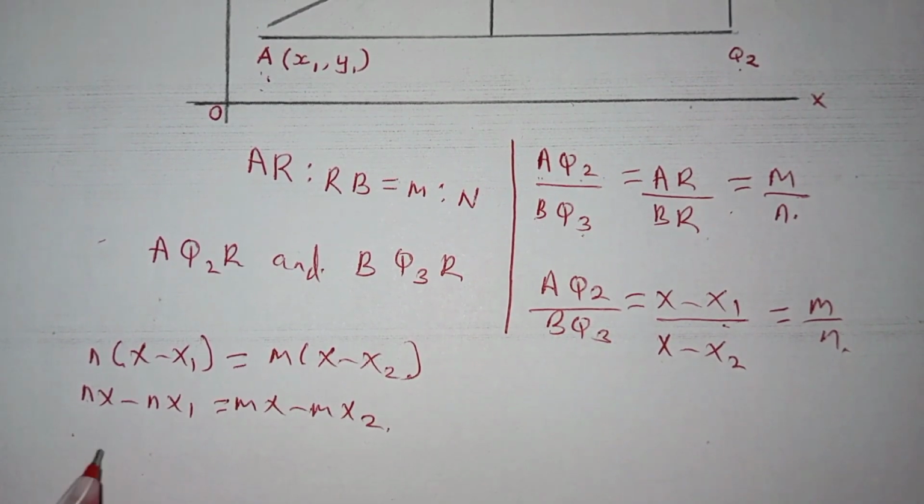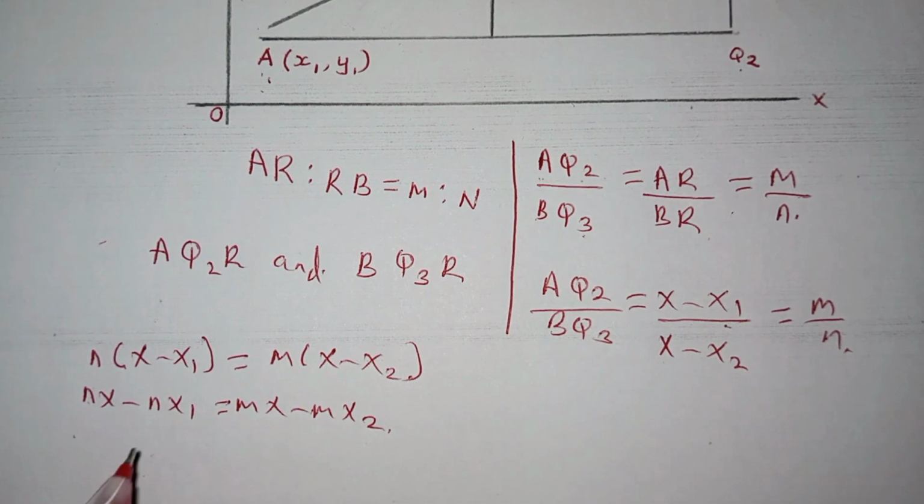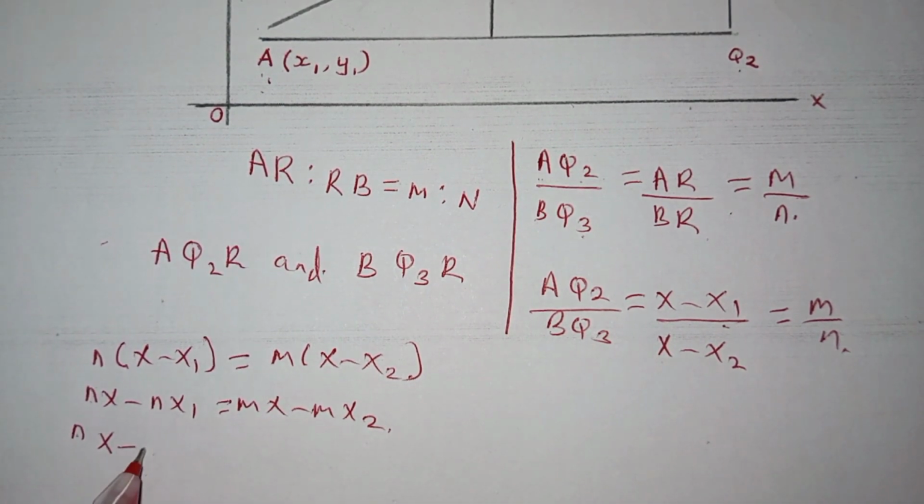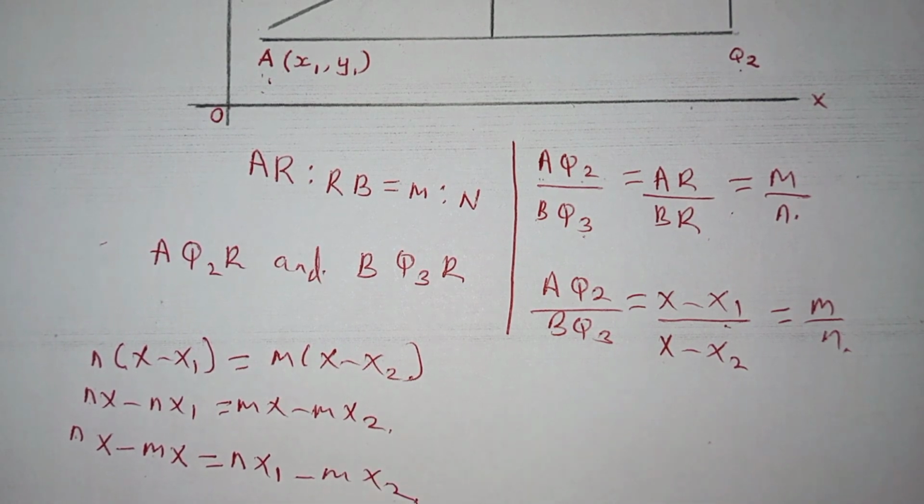Grouping the terms together, we are going to have nx minus mx, which is the same as nx1 minus mx2.